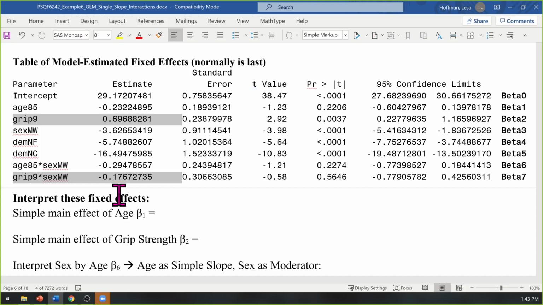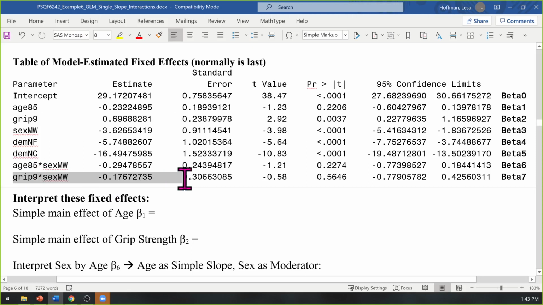Is it still significant in women? Do I know that? It's not significant, or do I know that? Not significant. So here's the tricky part. This term right here is not significant. That is correct.